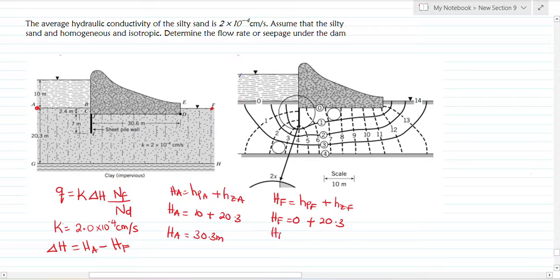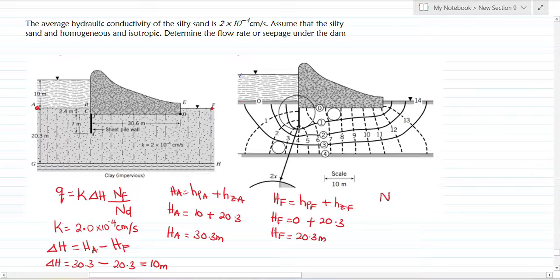And so the total head at F is 20.3 meters. With that, we can find the head loss, which is equal to the total head at E, 30.3, minus the total head at F, 20.3. And so the head loss is 10 meters.